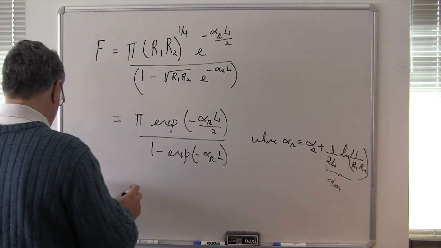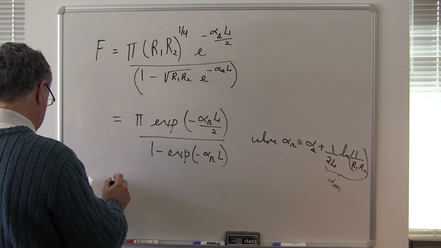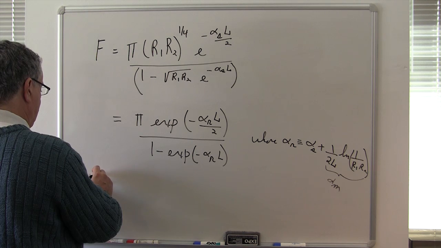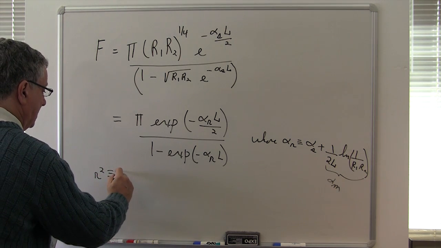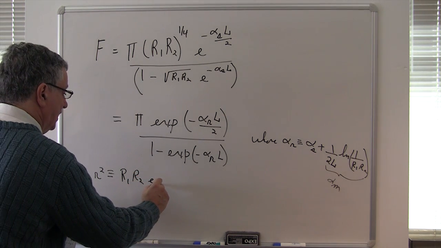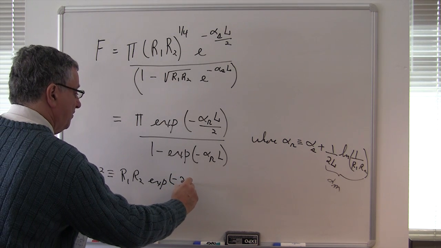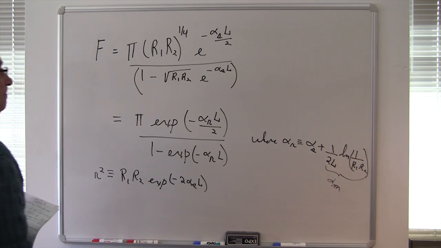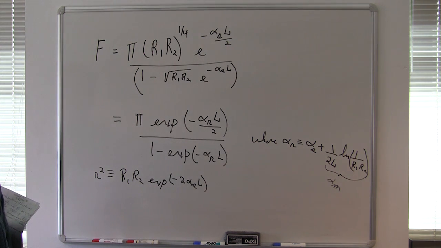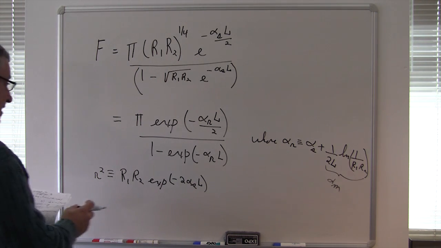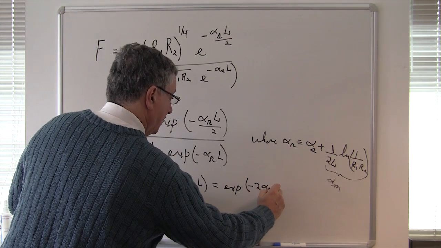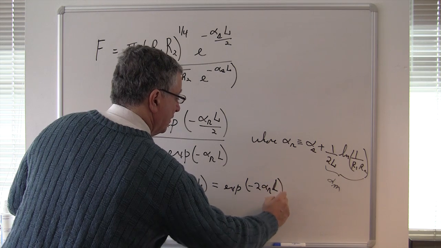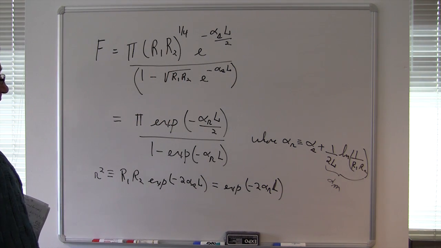Now, if we define r squared, small r squared here, as R1 R2 e^(-2 alpha_s L), which is the same thing as e^(-2 alpha_r L), where now we use our definition of the overall distributed loss, alpha_r.